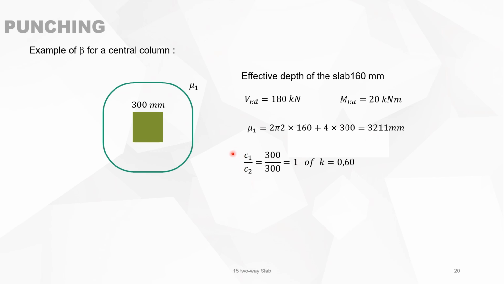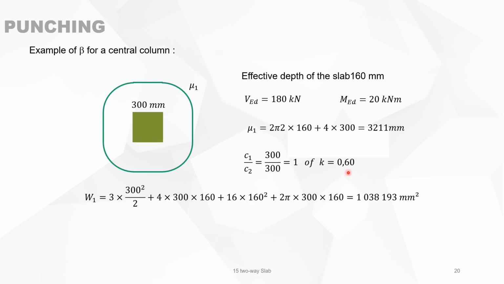The proportion C1 over C2, 300 divided by 300, is 1. It means from the table that k is 0.6. The W1 factor, when applying the formula with C1, C2 and d, is 1 million square millimeters.